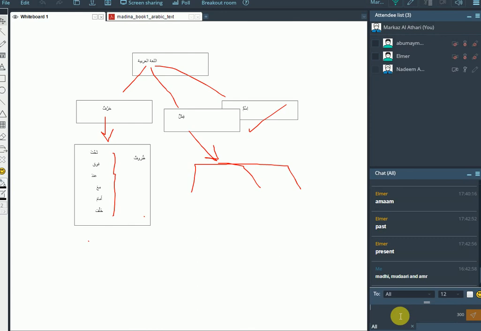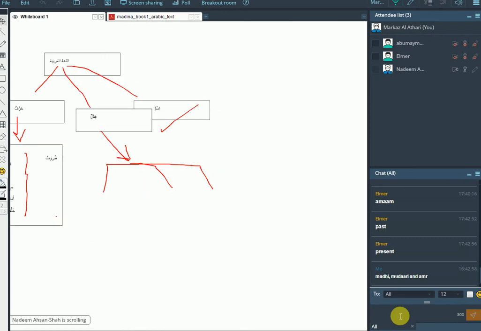Tayyib. Fi'l madi. Where's it gone? I thought I was typing. Aha. Fi'l madi.